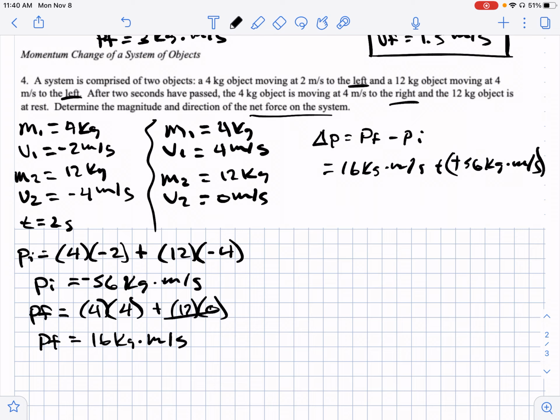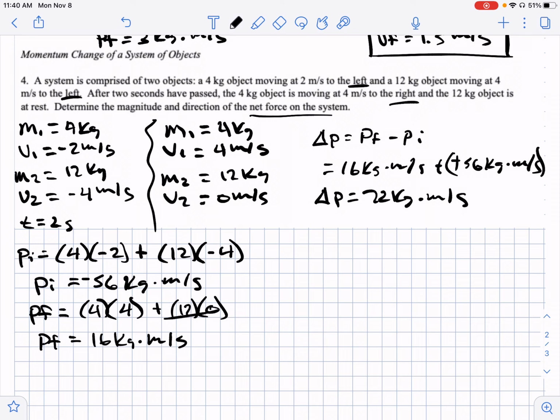So it's minus a negative, so we're going to end up adding those numbers together. So your change in momentum of this system is 72 kilograms times meters per second.